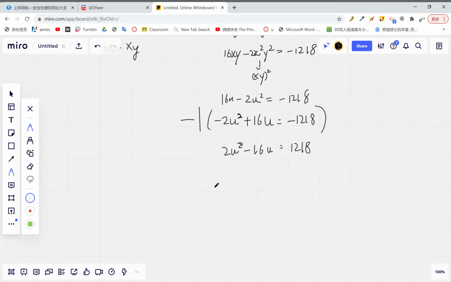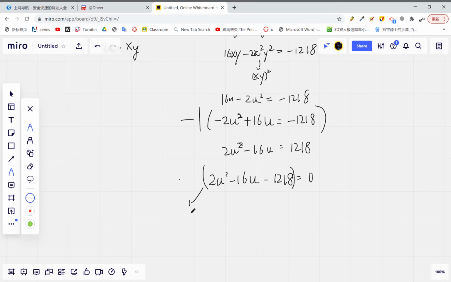And then we get basically 2u squared minus 16u minus 1218 is equal to 0. We take out a 2, right?